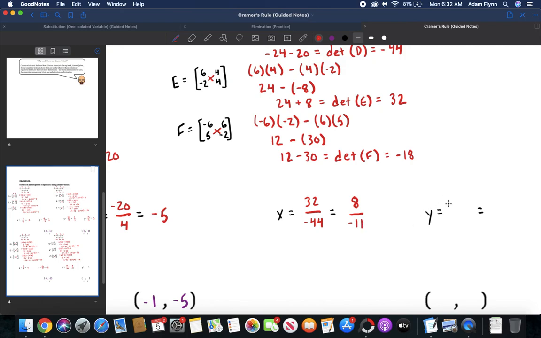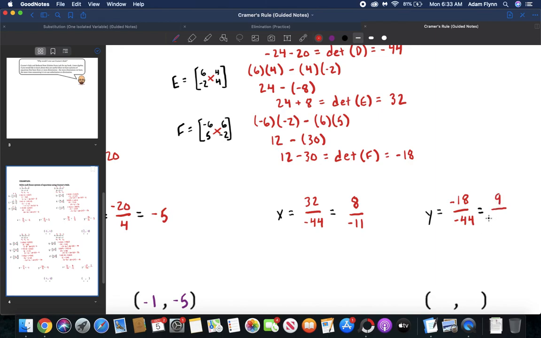And for y, I'll have negative 18 divided by negative 44. I've got a negative divided by a negative, so I know it's going to be positive. 18 and 44 are both divisible by 2. So if I divide 18 by 2, I'll get 9.